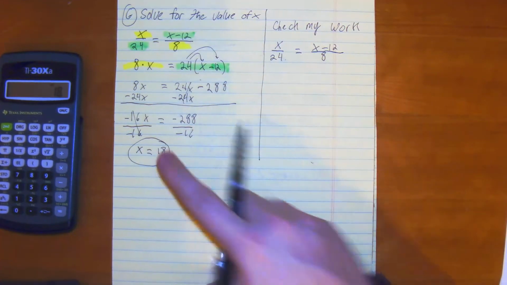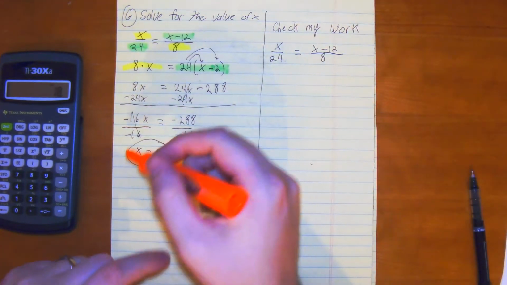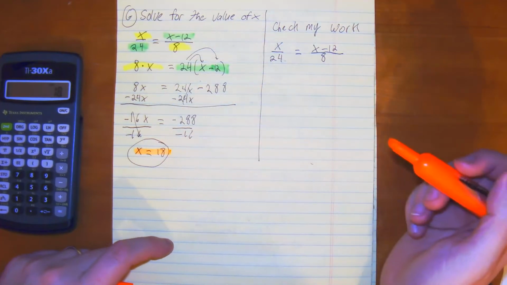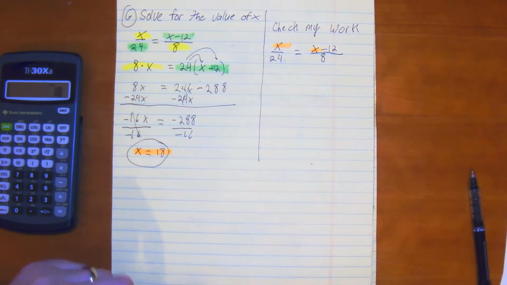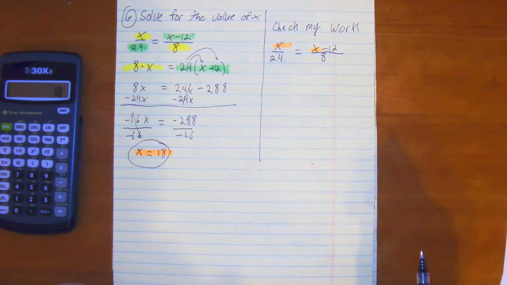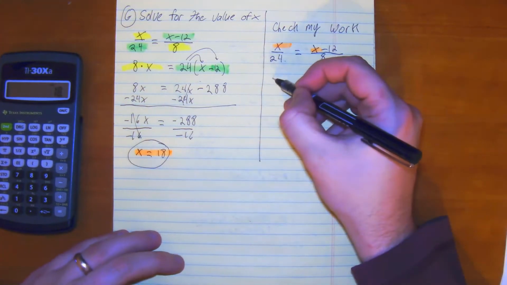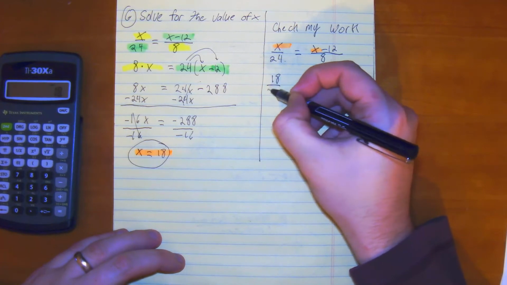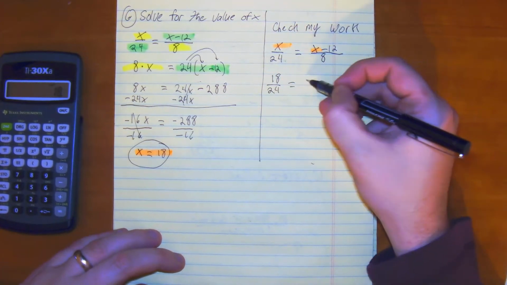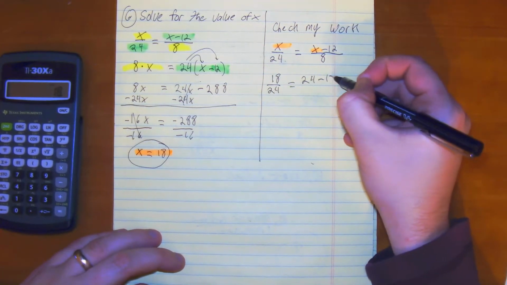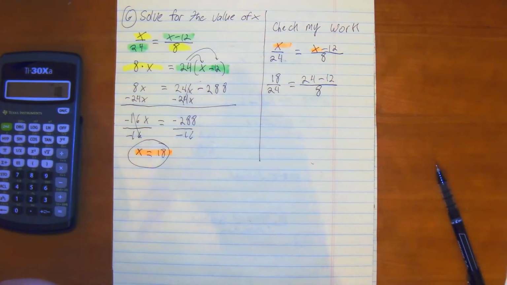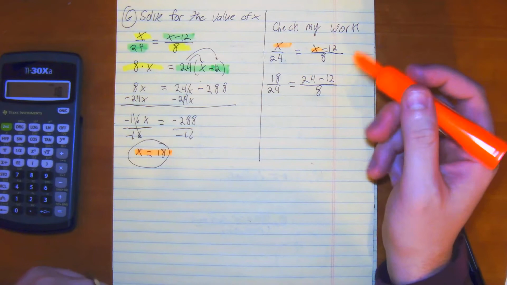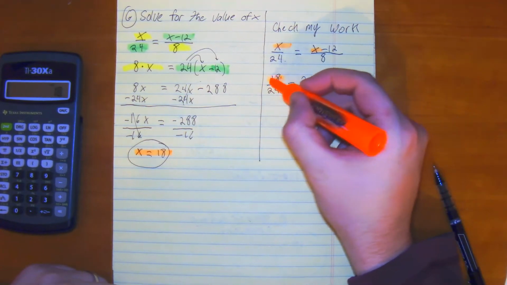What we're going to do is use x equals 18 here and here, because every time we see an x, we have to plug in an 18. So we plugged in our 18 here.